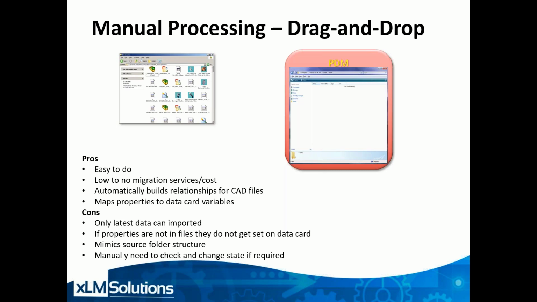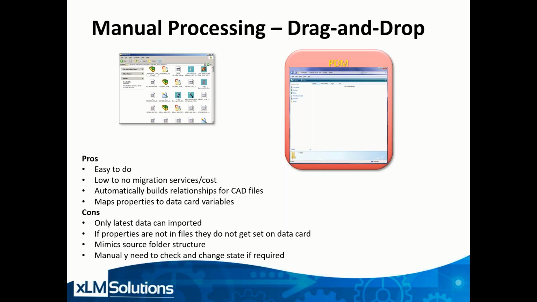If the files that are referenced are in the same folders, it will automatically build those file relationships between CAD files. And if you have CAD mappings set up within PDM, it will automatically populate the data cards in PDM with the CAD mappings. So good, easy way to load data.